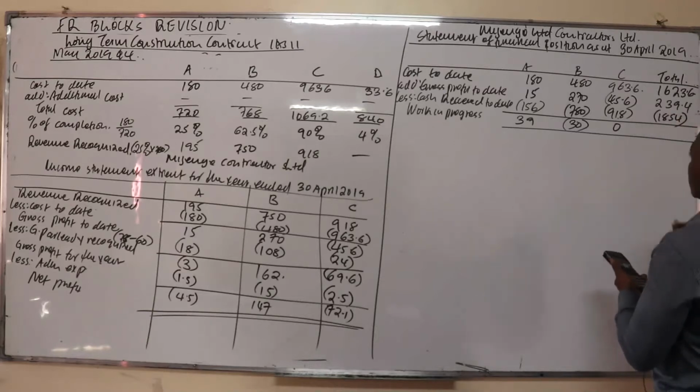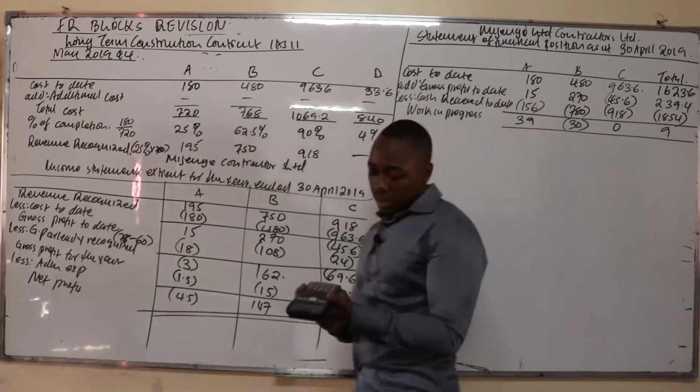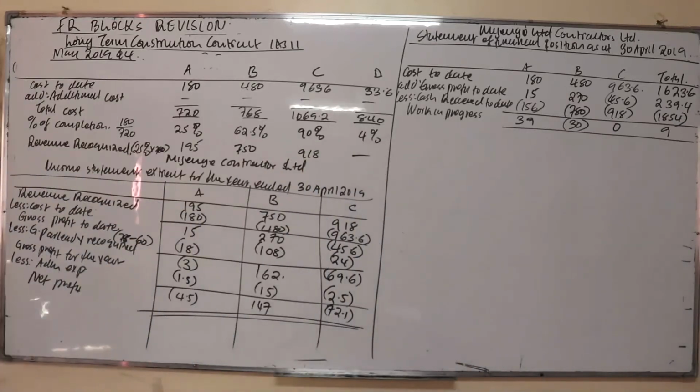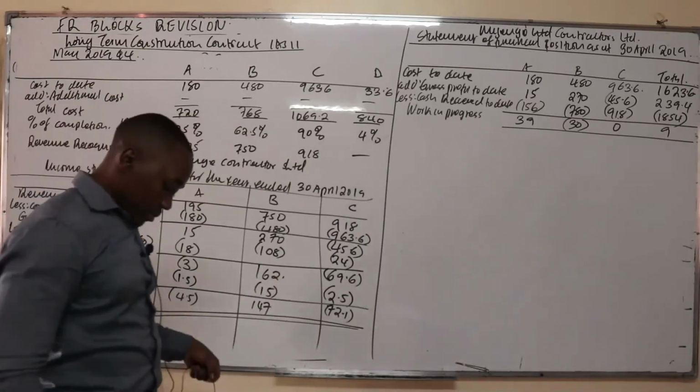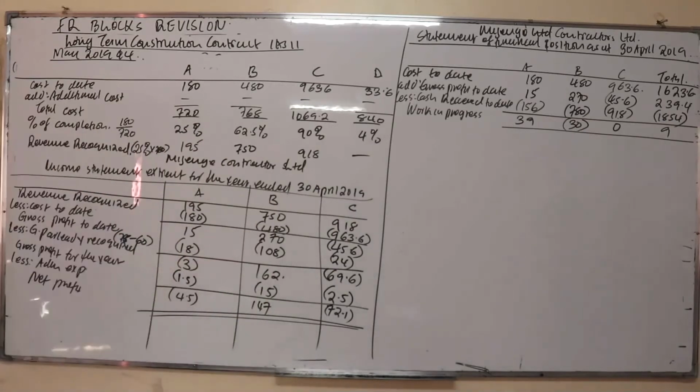That one deduct, and you'll have 9. So that's how you're supposed to present that. So you can take a screenshot of that.